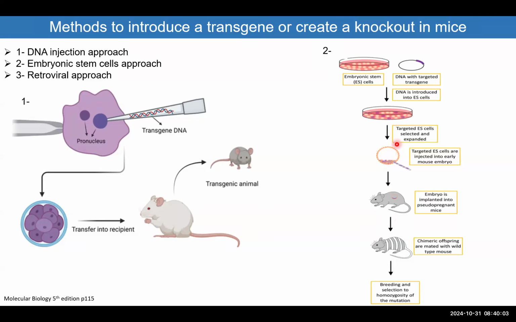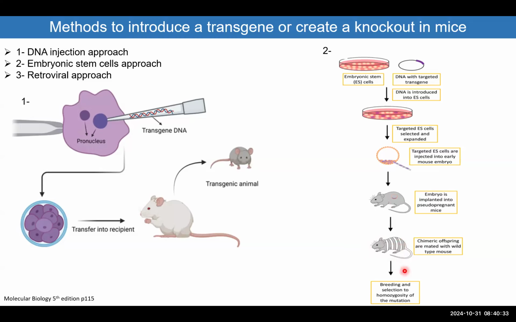So we took those cells, we put them in a pregnant mouse, and this mouse will generate an embryo, and that embryo will carry what we call a chimera. One part of the embryonic stem cells comes from the engineered embryonic stem cells that we were working on in the lab, and another part comes from the actual embryo in the mouse, and therefore we have a mix of the two, and that's the chimera.